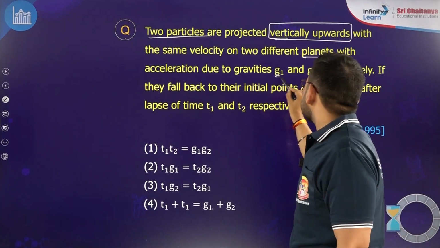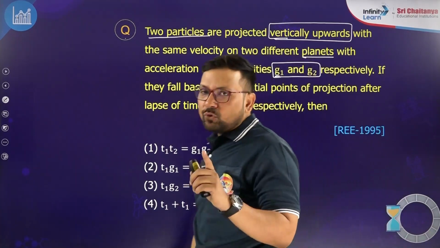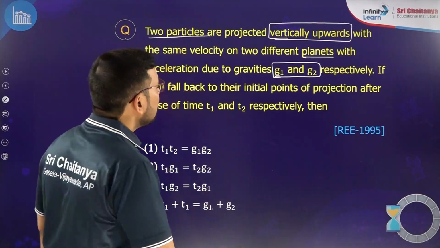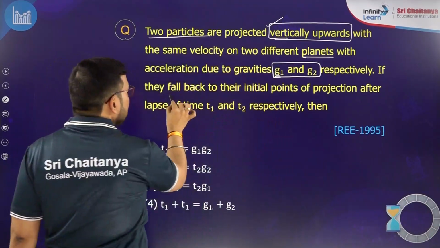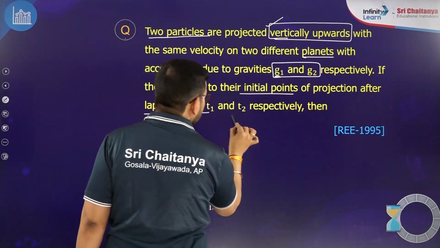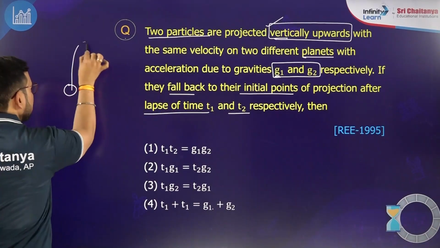Acceleration due to gravity is g1 and g2 respectively. So we have two particles on two different planets with different acceleration due to gravity, but projection on both planets is vertically up. If they fall back to their initial point of projection after a lapse of time t1 and t2, now we are throwing up and it is coming down.